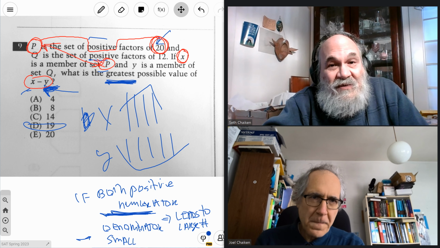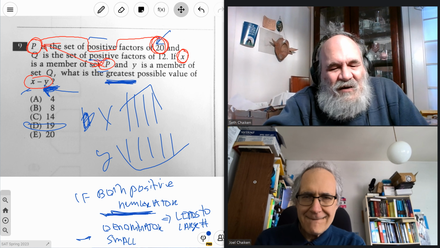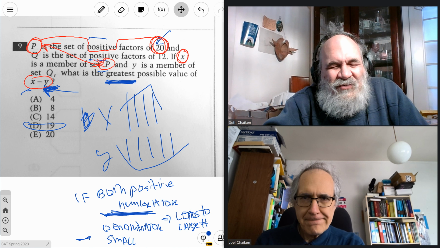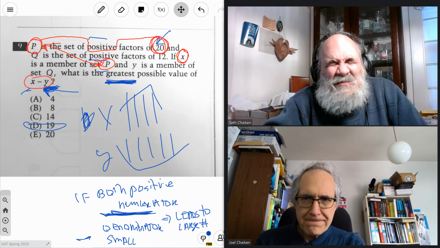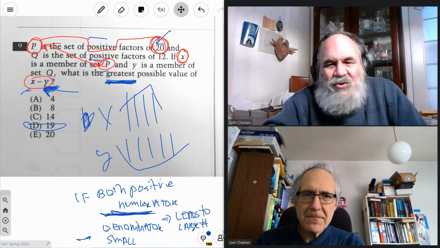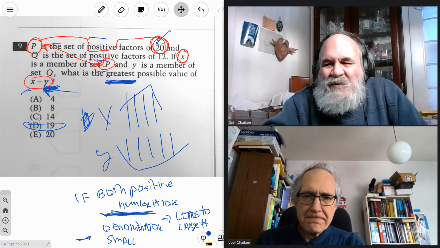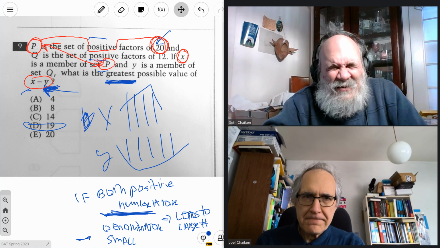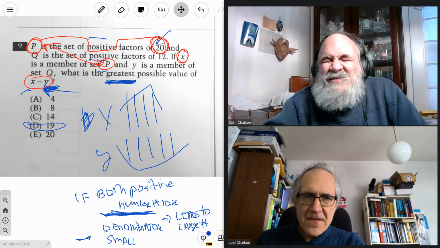This is also a test of the students' fluency with the language of sets and properties. You could reformulate this problem in a way that's much more direct without talking about sets.